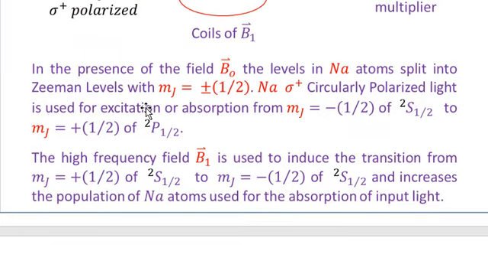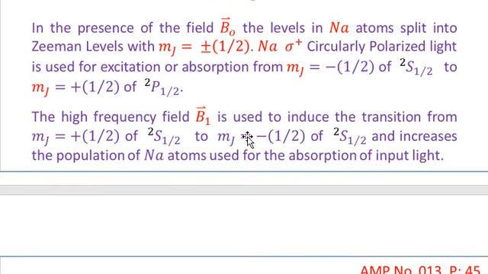So let me read this paragraph again. In the presence of the magnetic field B0, the levels in the sodium atoms split into Zeeman levels with Mj is equal to plus minus half. The sodium sigma plus circularly polarized light is used for the excitation or absorption from the Mj is equal to minus half of S1 half level to the Mj is equal to plus half of the upper Zeeman level of P1 half.